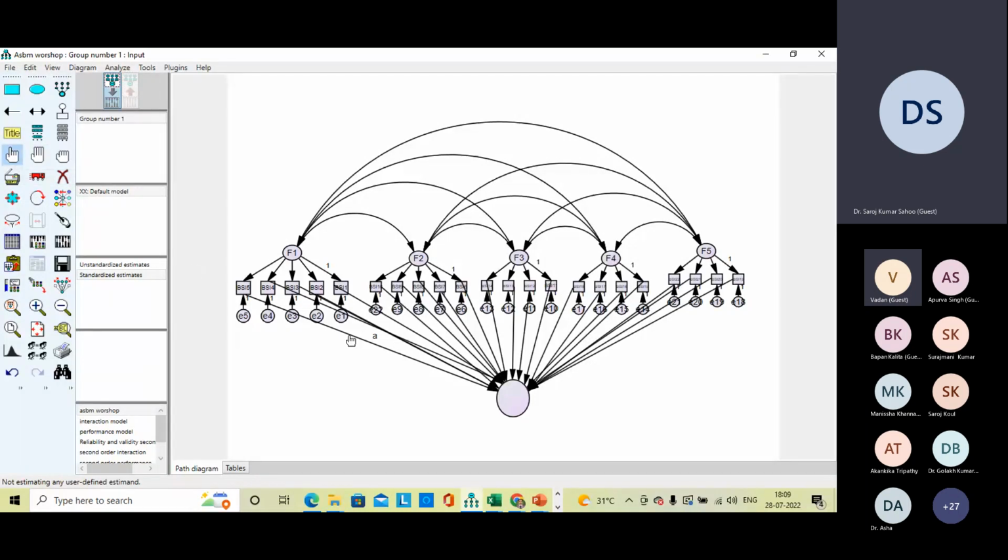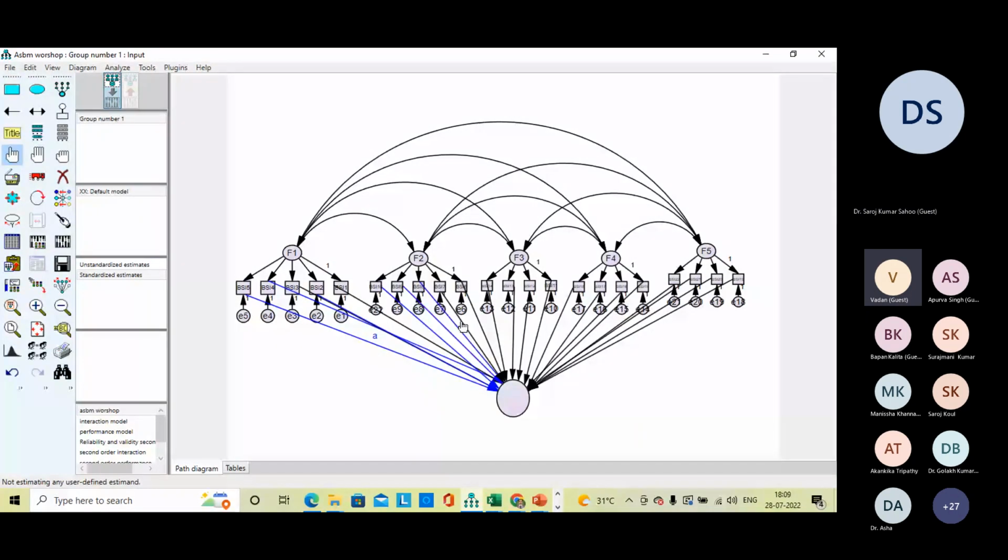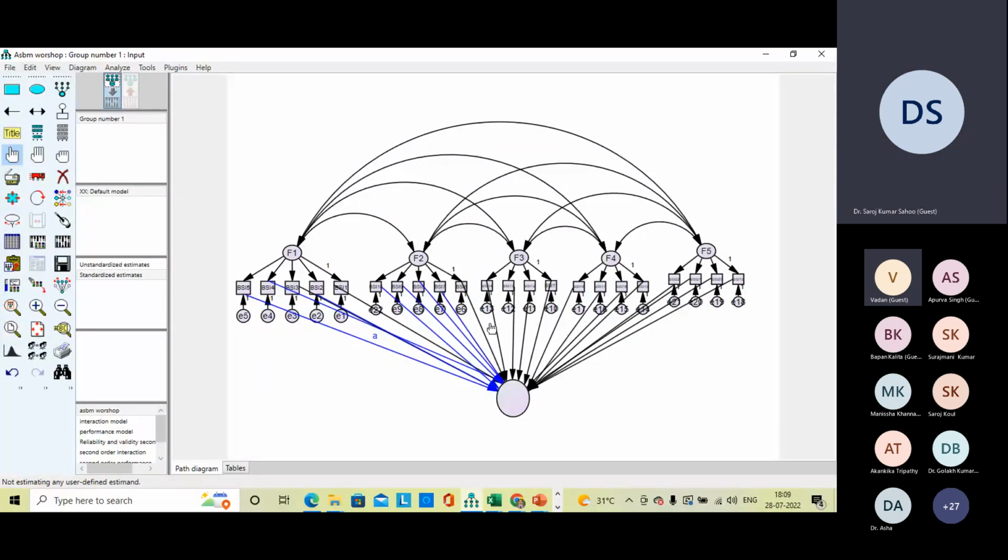First, select everything. Then I will simply drag and drop.